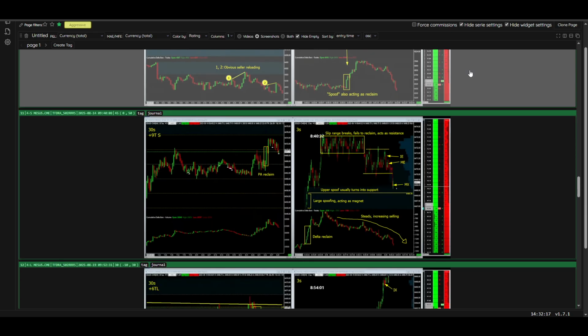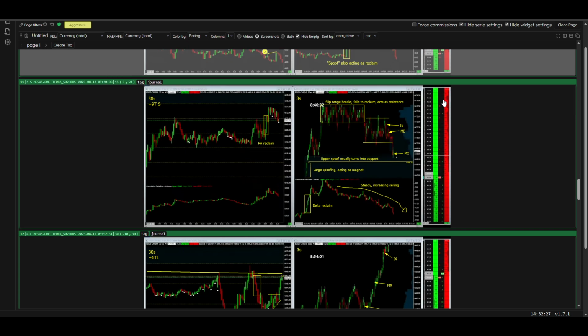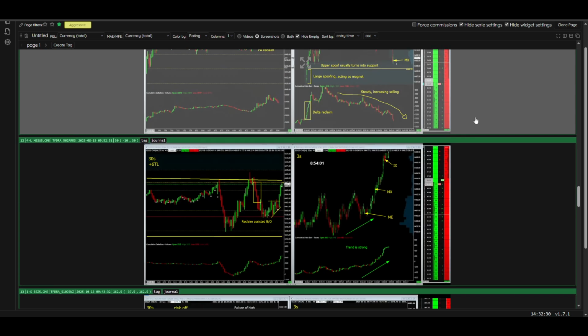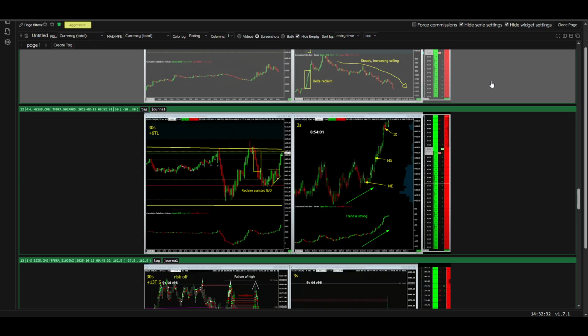We can see that I'm just taking way more breakout attempts. The win rate is slightly higher, but across the board, I'm in the 60s. See, this higher time frame mean mid is a 76 win rate. It might be edge there, but I need to figure that out.